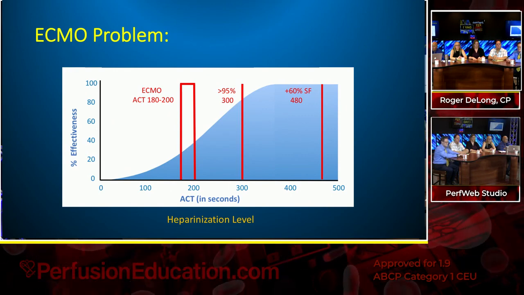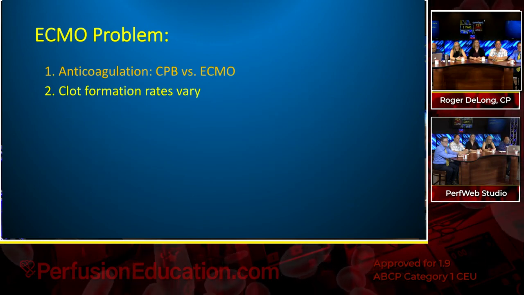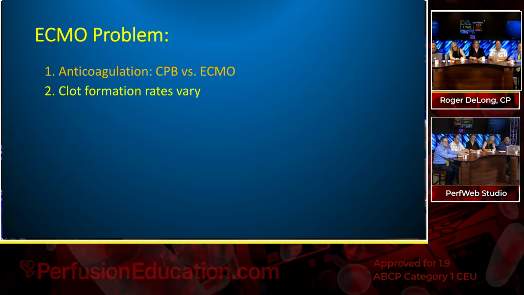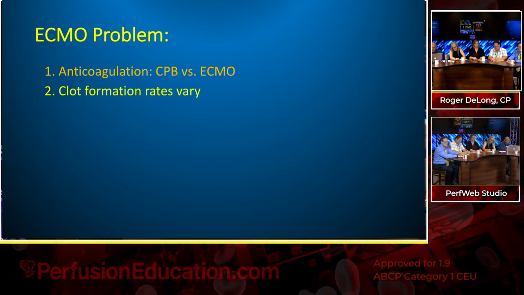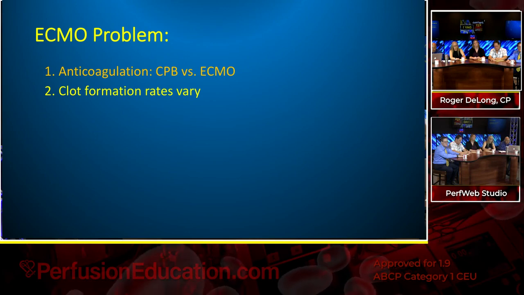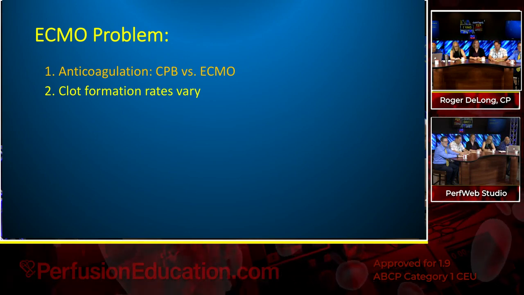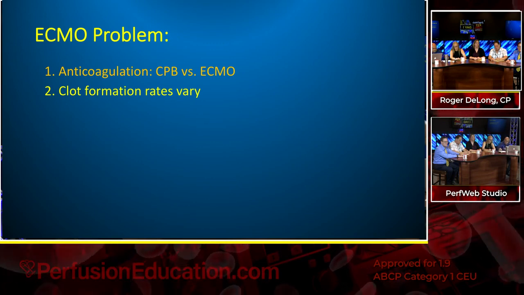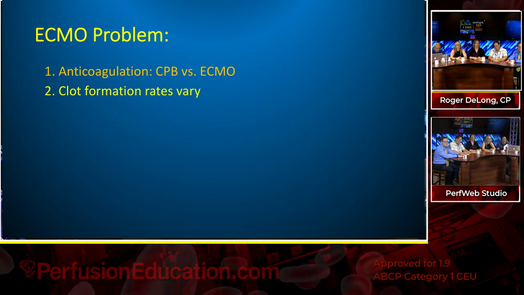Next slide. The rates vary. There's no consistency. I've seen oxygenators get changed out within 3 days. I've heard of them getting changed out within one. Some people go a month or more without any change outs at all. So there's no good determinable rate at which we can even predict that they're going to clot.